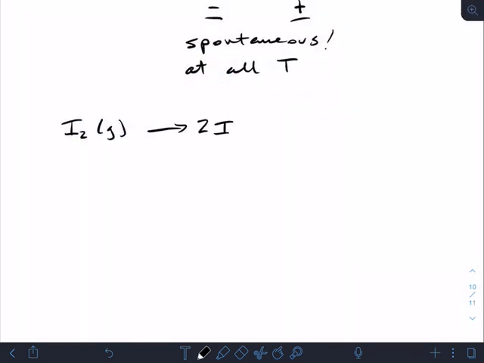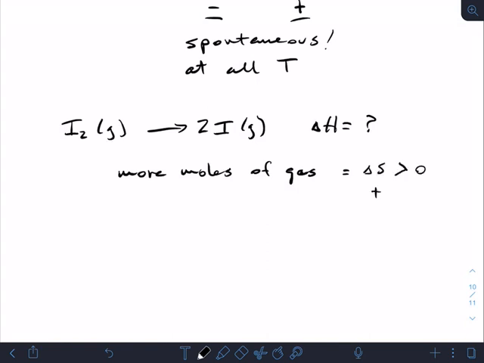All right, let's do another example here. If I have iodine gas becoming 2I gas, delta H, we don't know. Okay, so what do we know about what's going on here? We have more moles of gas in the products, so we know that delta S is going to be greater than 0, so positive.